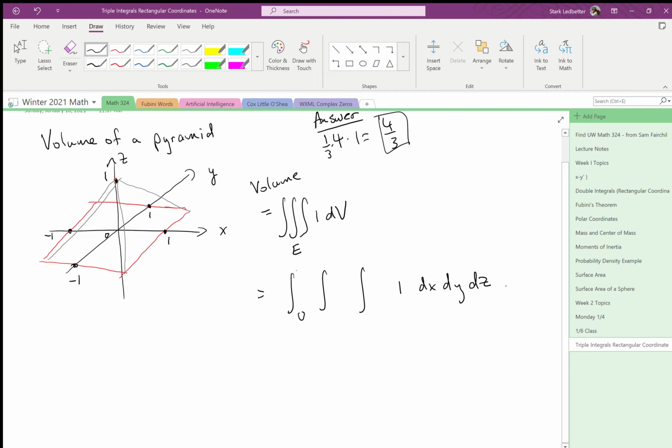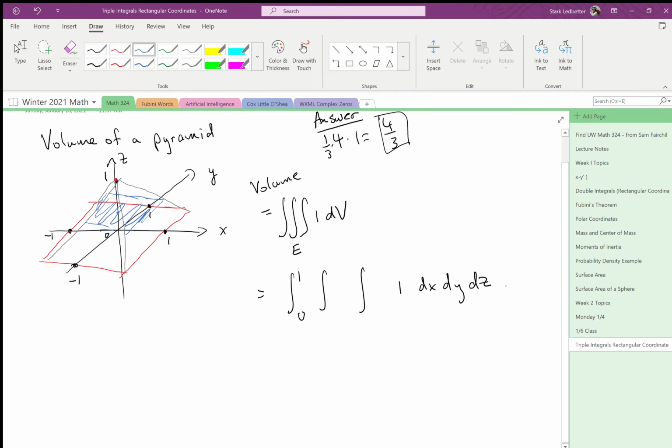And then for each value of z, we're basically taking a slice, right? So let's pick a value of z, and then we've got some square that's a slice of the pyramid. And how big is that square? Well, it gets smaller and smaller as z gets bigger, and it starts as a 2 by 2 going from -1 to 1.